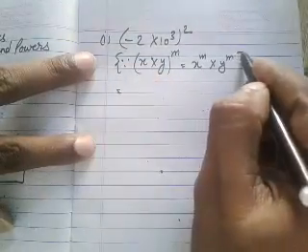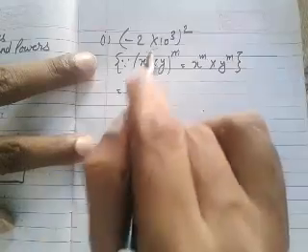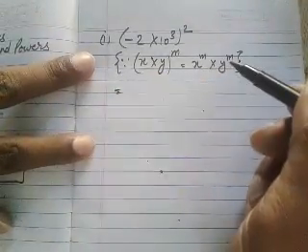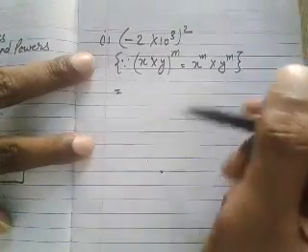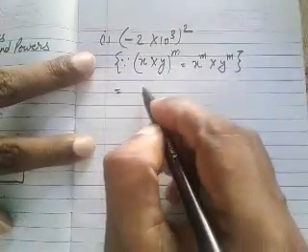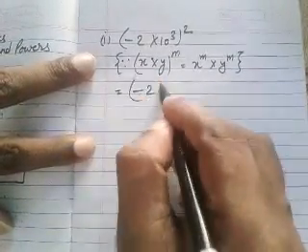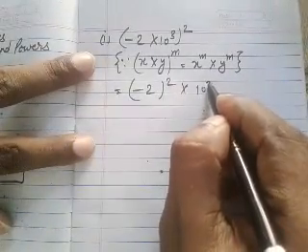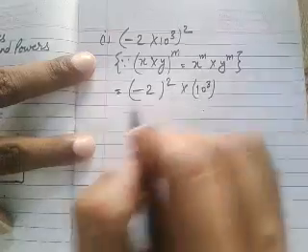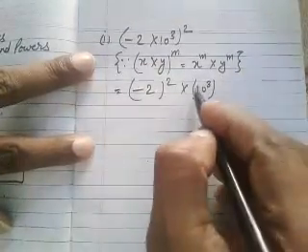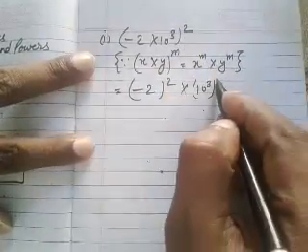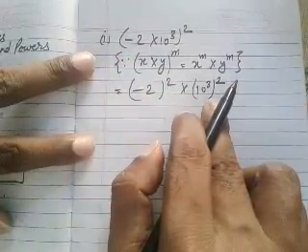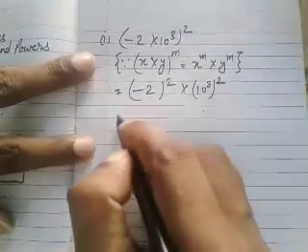So let us solve this expression according to law 3 of exponents. So we can write minus 2 raised to the power 2 multiply 10 raised to the power 3, already present in the expression. So the common power is 2, so we can write it like this.